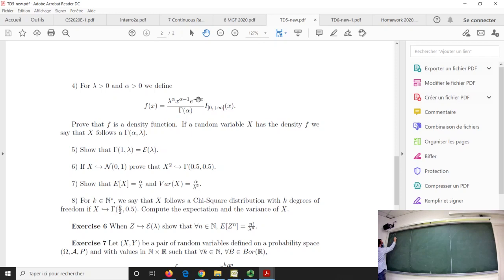So, I have my gamma alpha lambda, and the density is given by what I have on the top. So, integral 0 to plus infinity of lambda^alpha x^(alpha minus 1) exponential minus lambda x dx over gamma of alpha.